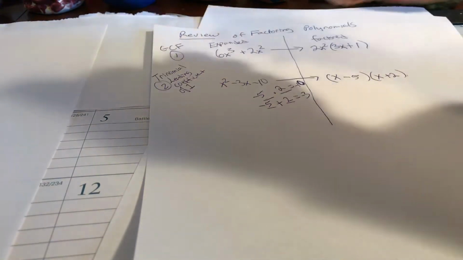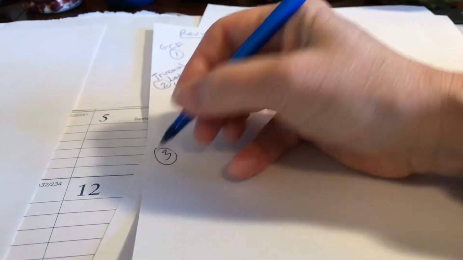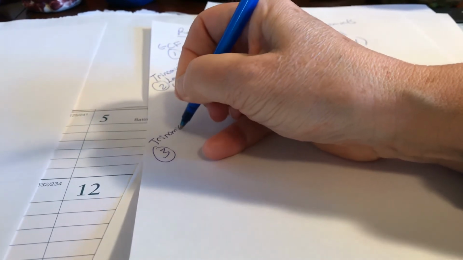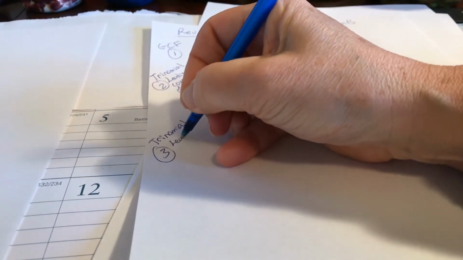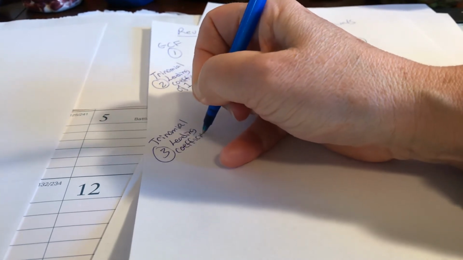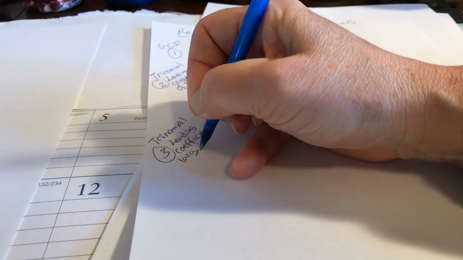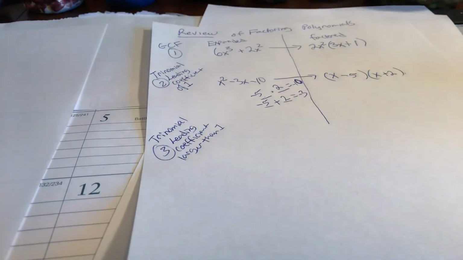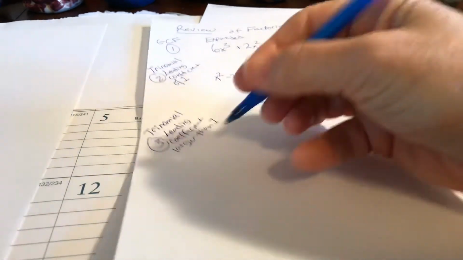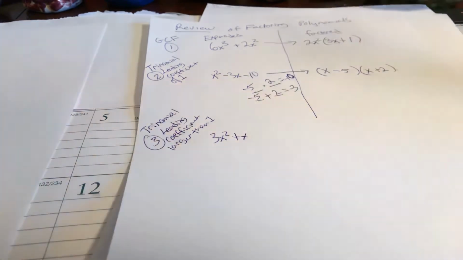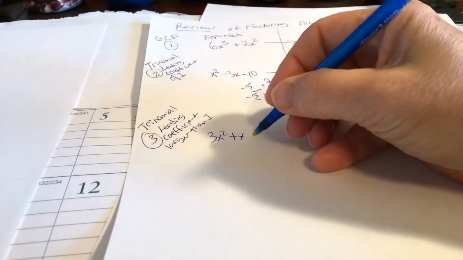Again, you can pause anytime you want. My third problem is going to be a trinomial with a leading coefficient larger than 1. Okay, I'm going to use 3x squared plus x minus 2.